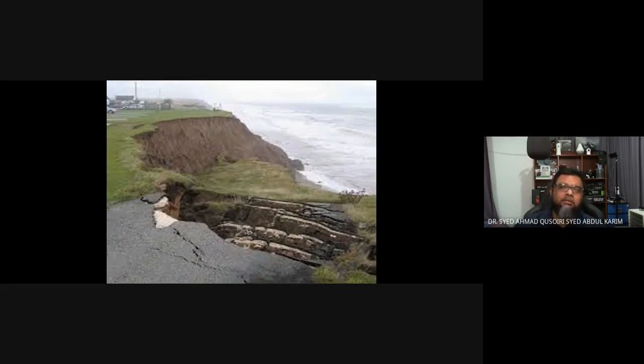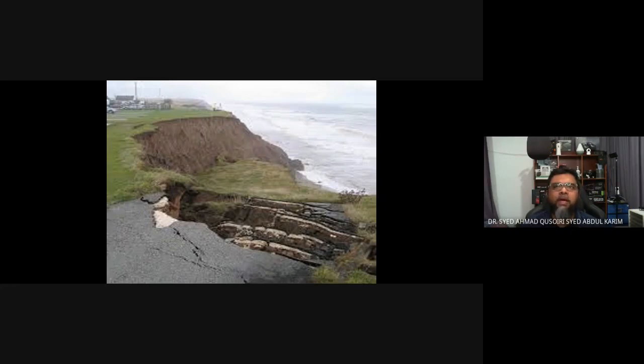So the sea does not only reclaim a very small part of the beach or the land. Okay, it can also claim lands which are very high, or what you normally call beyond the reach of the waves. Okay?